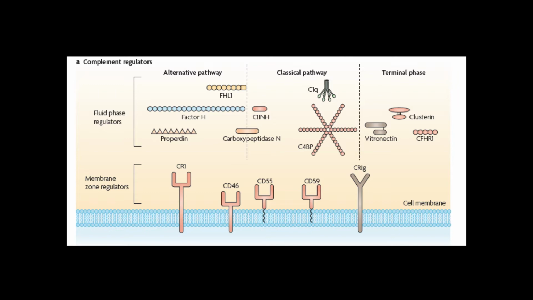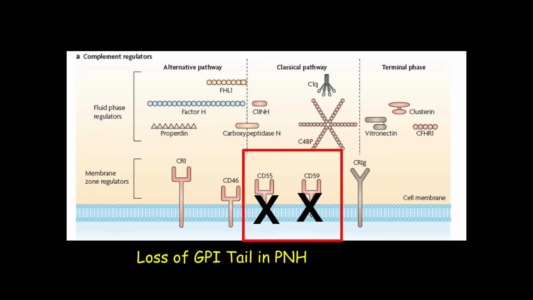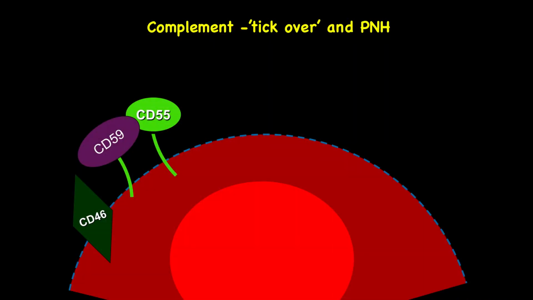And what I want you to think about is that in PNH there's a mutation, so you typically lose the tail that holds these molecules on the cell surface. So now what happens is the C3b factor B generated through the alternative pathway gets deposited on the cell surface of a neutrophil.